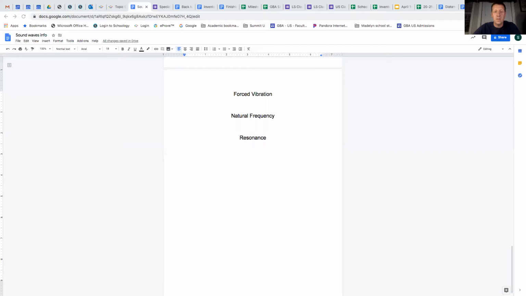Now, let's actually go back to that shared screen. And that shared screen has this concept of natural frequency on it. So we'll just change forced vibration to red because we talked about that. So let's talk about natural frequency.